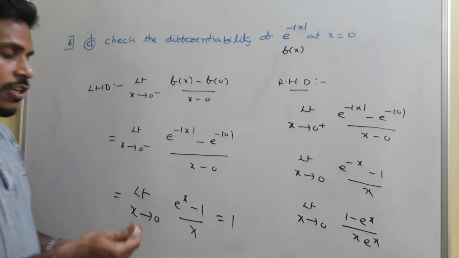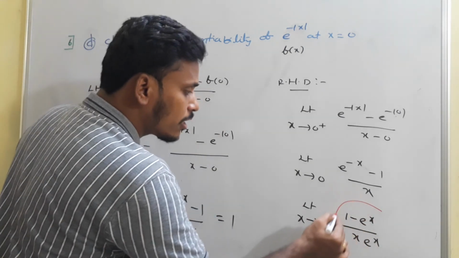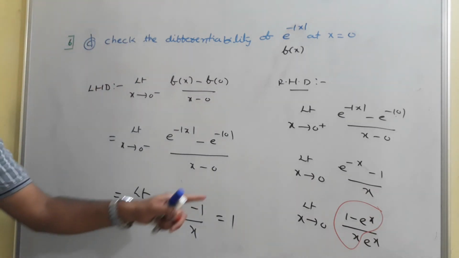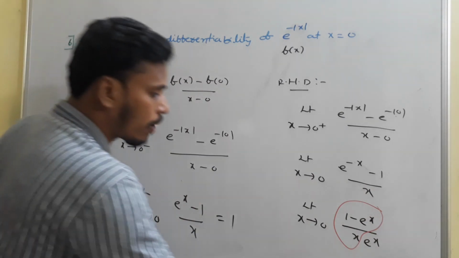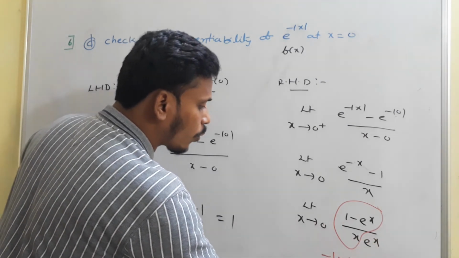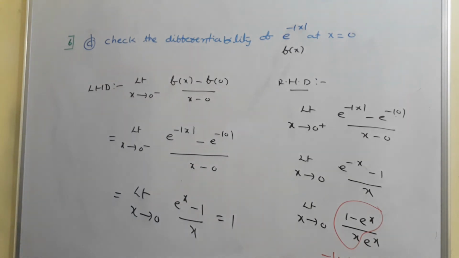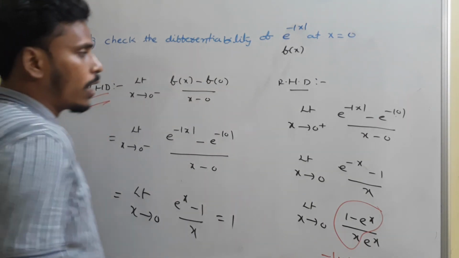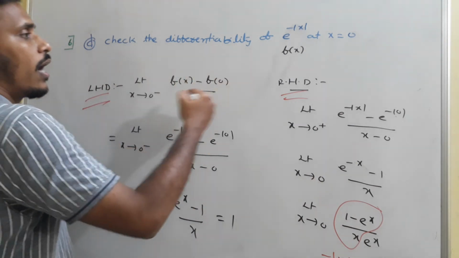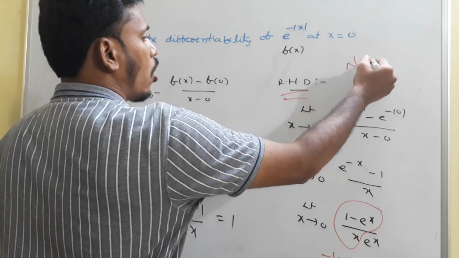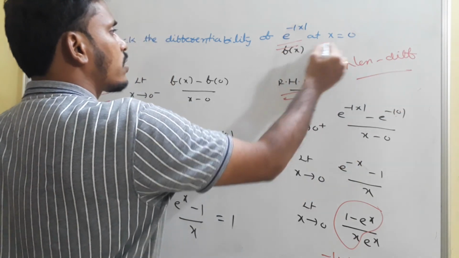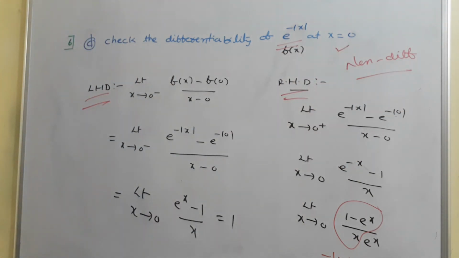The 1 minus e power x by x is of the same format as before but with a minus. So minus 1, and replacing x with 0 in the remaining factor gives 1. So that equals minus 1. Left hand derivative is 1, right hand derivative is minus 1. They are not equal, so this function is again non-differentiable, and the derivative does not exist at x equals 0.